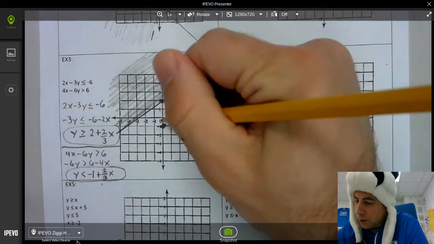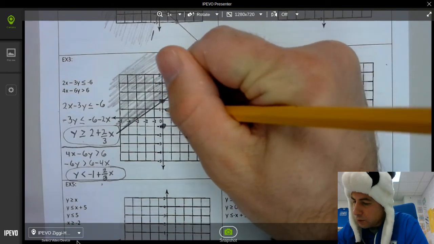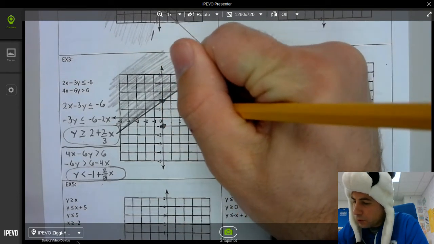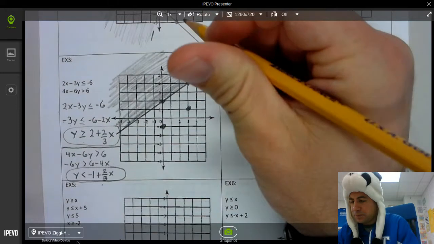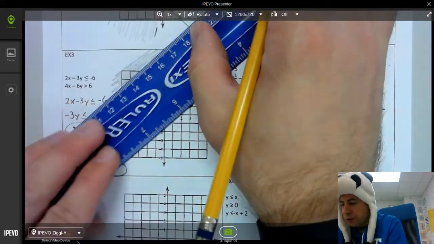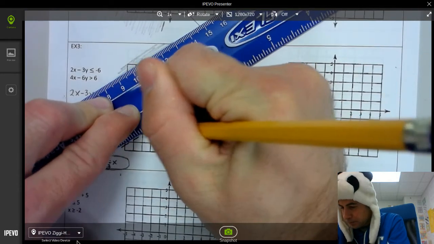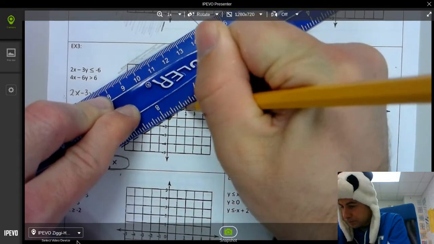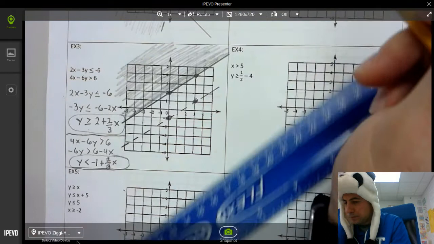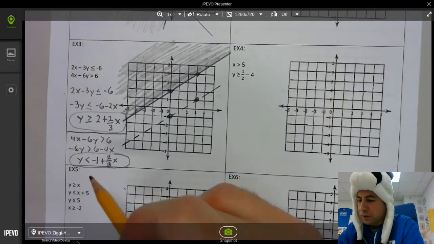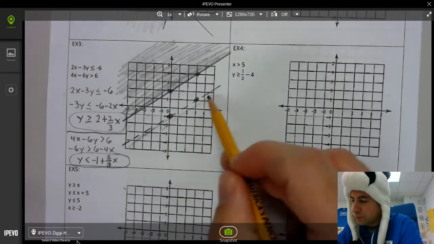And in this case, we go up 2, to the right 3. So 1, 2, 1, 2, 3. Now, we know there's no line, so it's a dashed line. And since it's less than, we shade below.